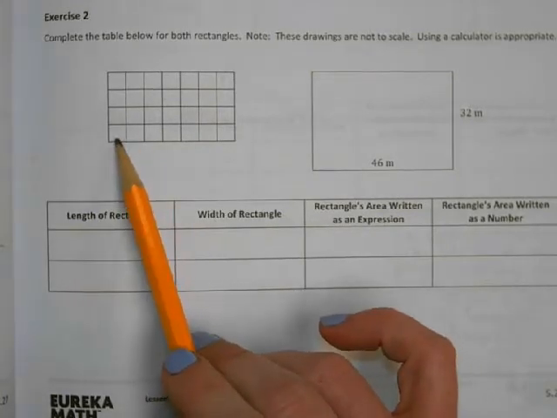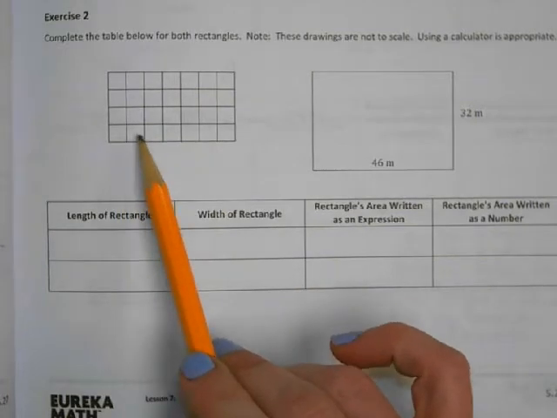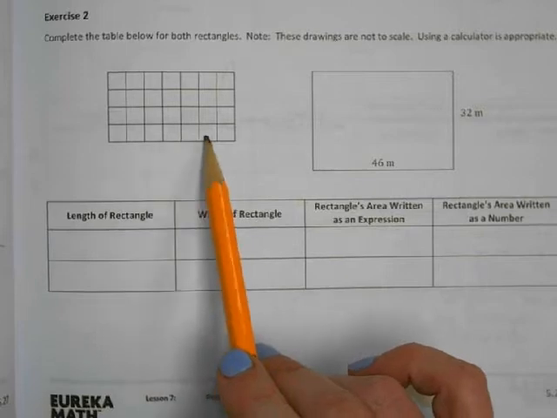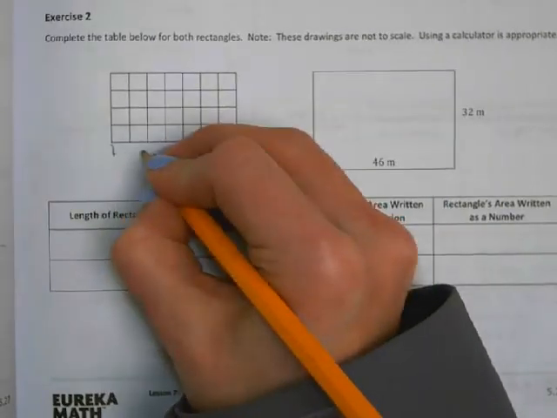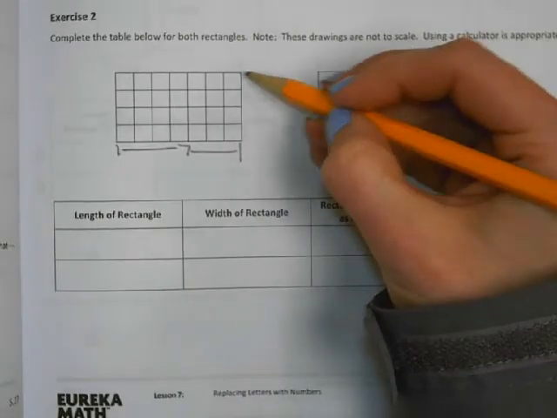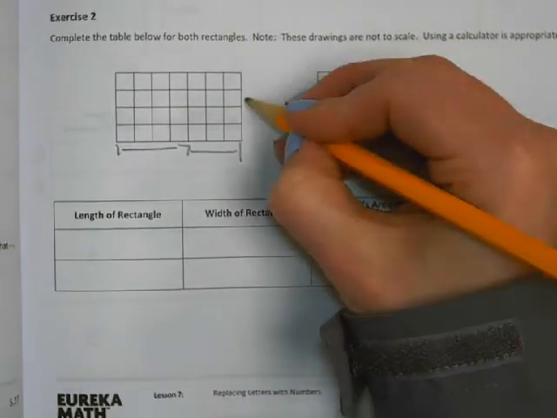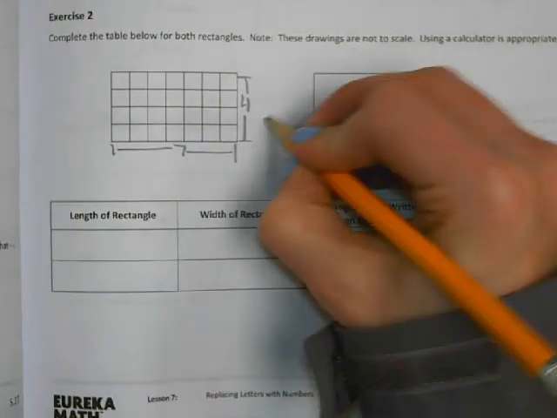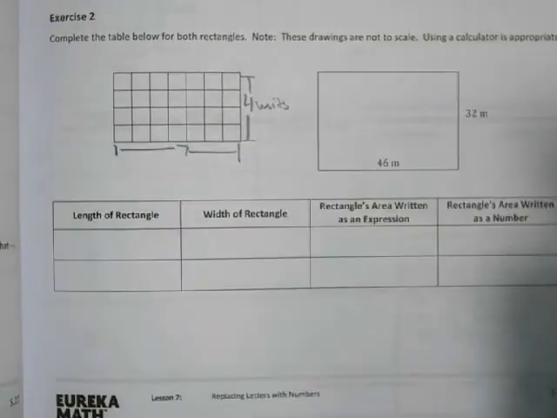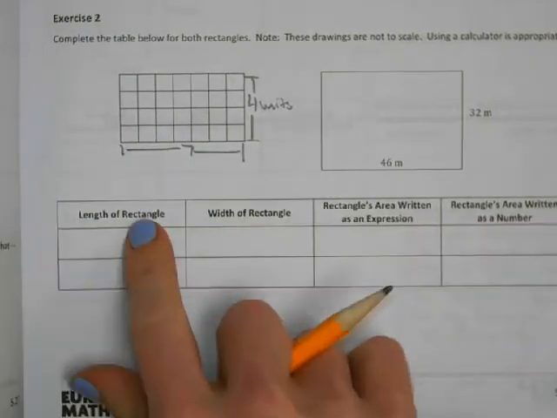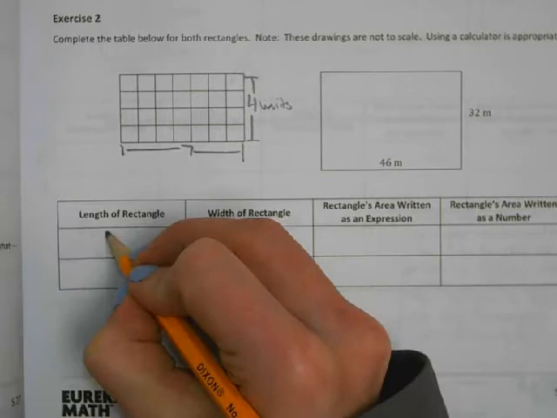All right, so for exercise 2, you should have counted how many boxes were on each side. So this is 1, 2, 3, 4, 5, 6, 7 boxes. So this is 7. And that's my length, and then my width is 1, 2, 3, 4. And it's just units because they don't tell us what that is. Over here, they tell us the length is 46 and the width is 32. So the length of this first rectangle, you should have had 7.